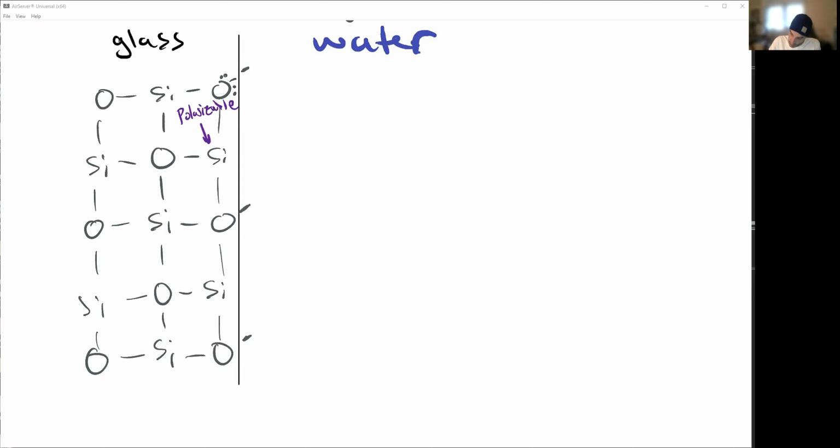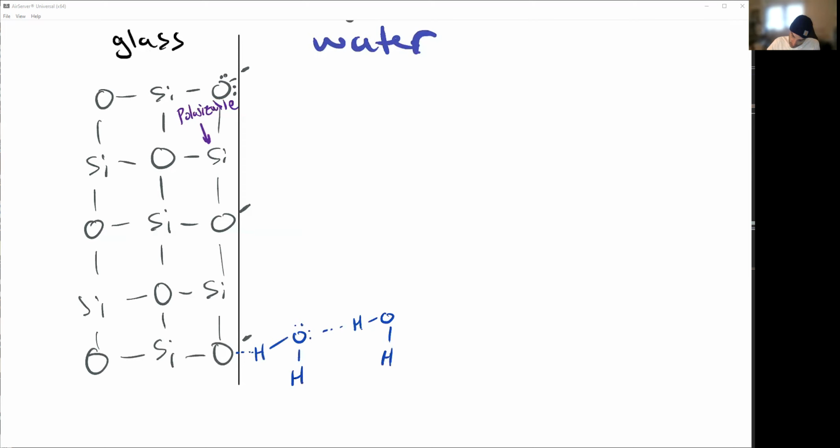If we bring a couple of water molecules nearby, we see something interesting. Hydrogen is the positive part of the water molecule, so hydrogen lines up next to that oxygen, creating a good connection. And then hydrogen bonding continues to happen.